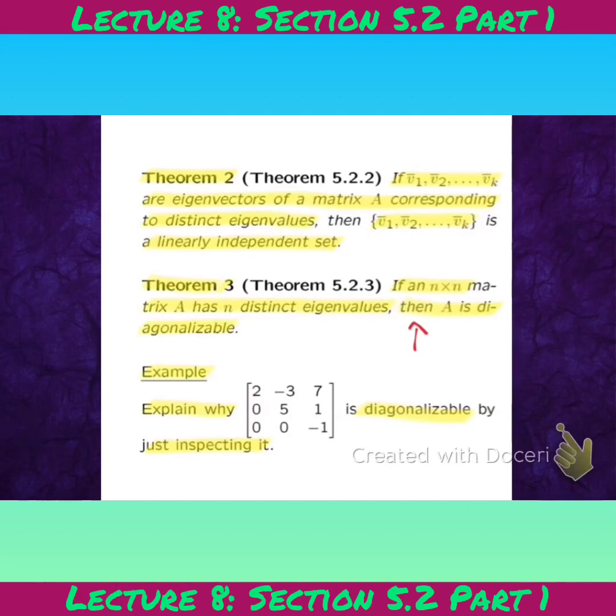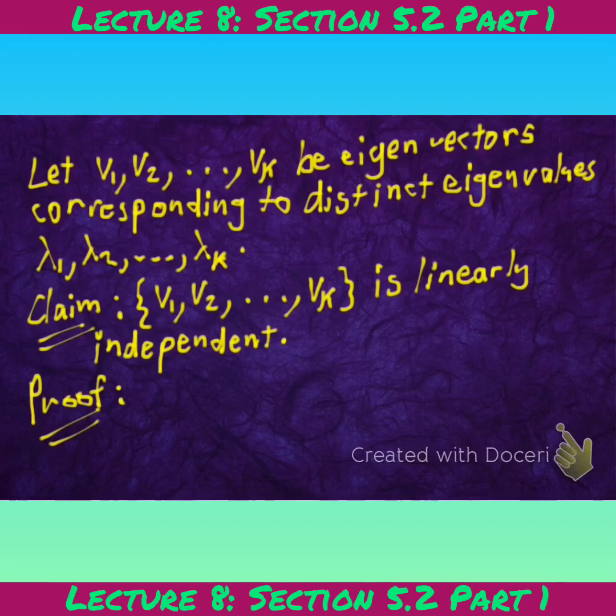Right, so if we look at theorem 2 again, why is it that if you have k eigenvectors and each one of them corresponds to distinct eigenvalues, those vectors must be linearly independent? Right, so let's take k eigenvectors, each corresponding to distinct eigenvalues. And now what we claim is this must be a linearly independent set.